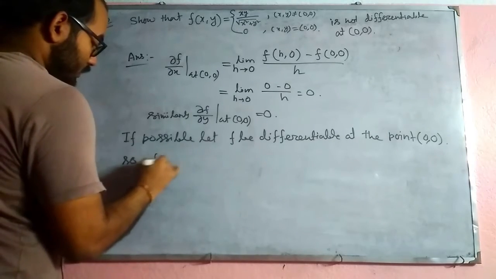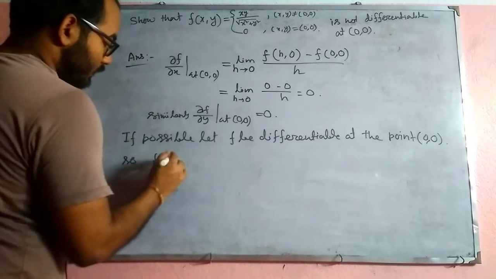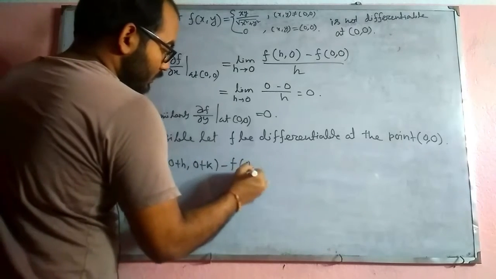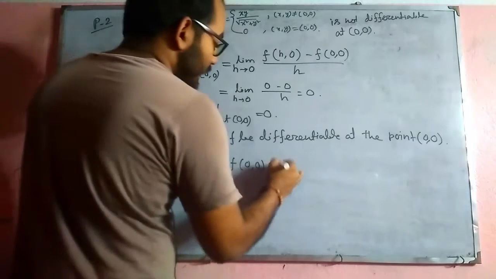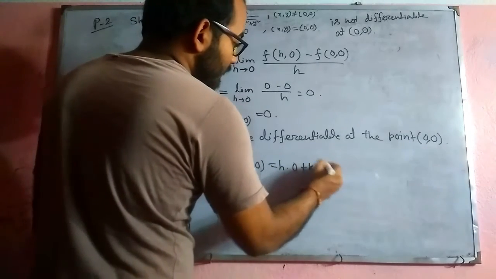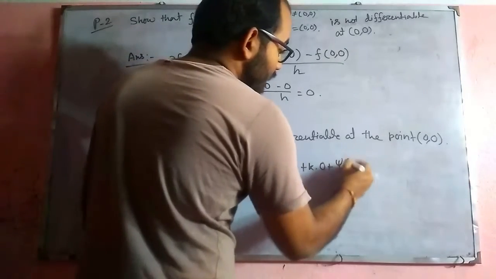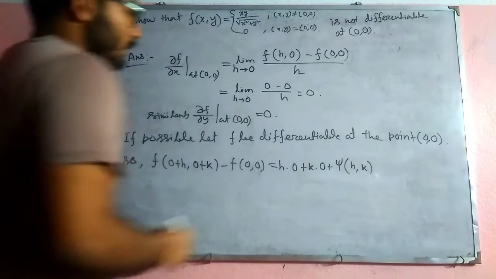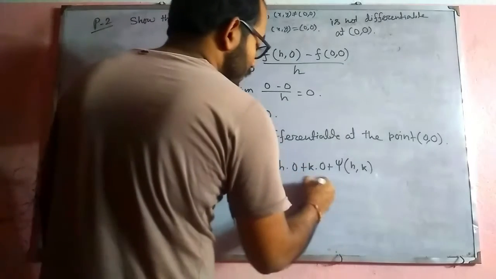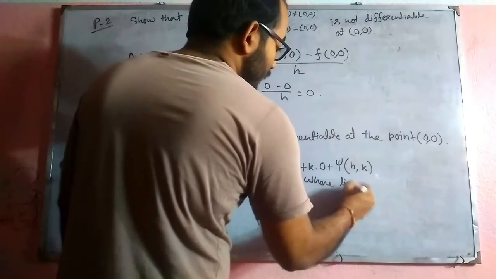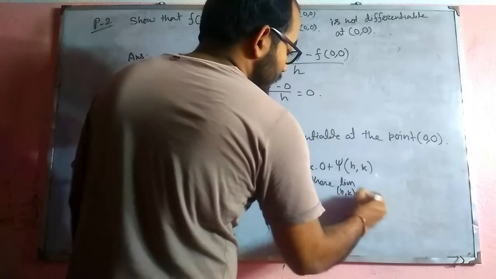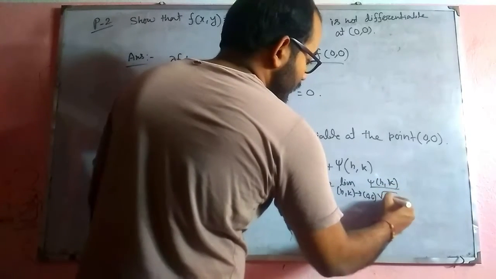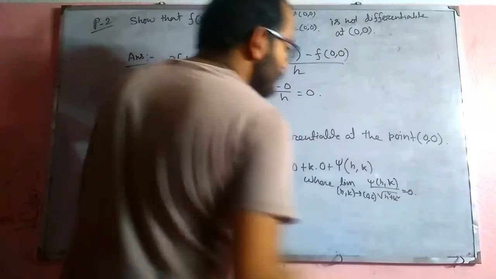So f of 0 plus h, 0 plus k minus f of 0 comma 0 is equal to h into 0 plus k into 0 plus psi of h comma k, where the limit as h comma k tends to 0 comma 0 of psi of h comma k by root of h square plus k square is 0.